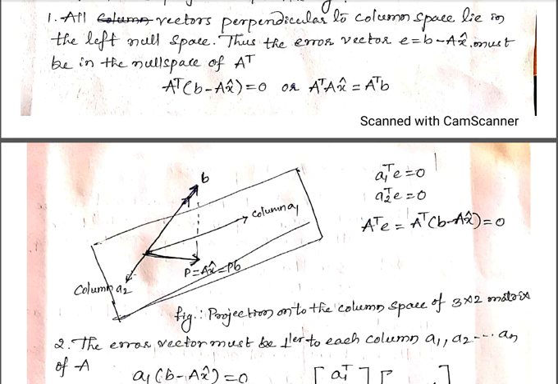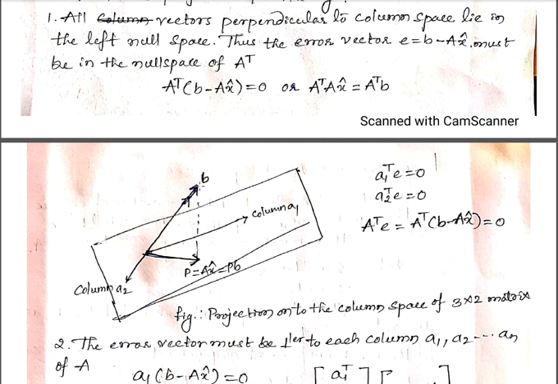Now here we have A's, let's say columns A1, A2, and the B, and P. The P is nothing but AX cap, the projection of B. We can see those later.